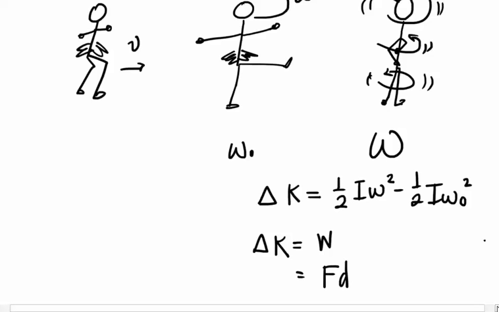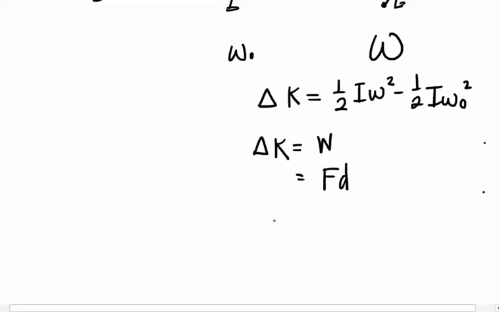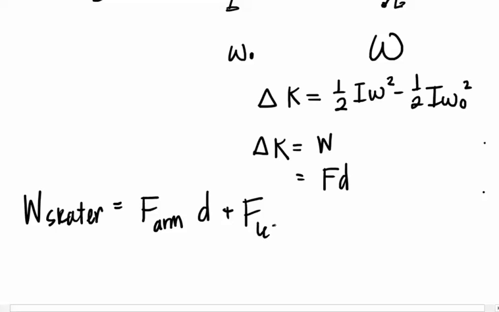So where did this work come from if no one's pushing her? How did she do it herself? Yeah, so she does work. There's work done by the skater, the force of her arms through the distance that she moves her arms and legs in. She does some work, and that's where that change in kinetic energy comes from.